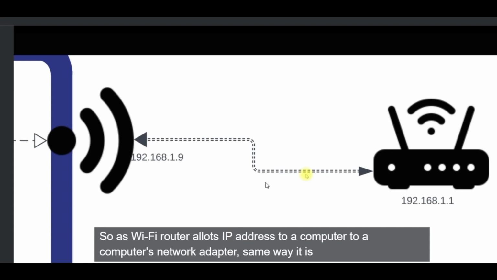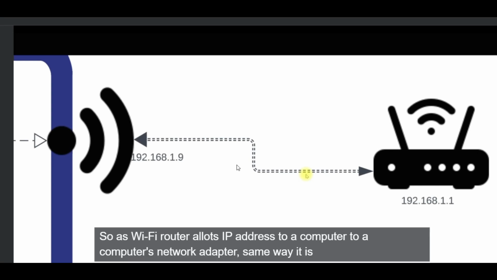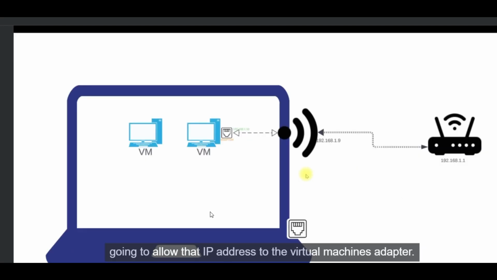Just as the Wi-Fi router allots an IP address to the computer's network adapter, in the same way it allots an IP address to the virtual machine's network adapter.